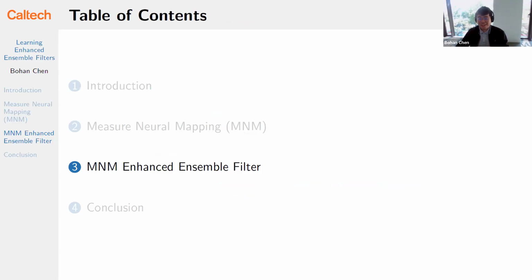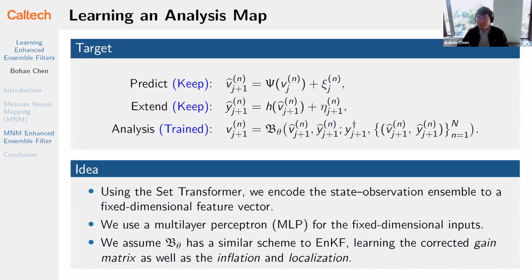Okay, next I want to introduce how we use this machine learning mapping to learn the ensemble filter. The idea is that we want to keep the predict and the extend steps the same as all those classic filters, and we want to train the analysis map with trainable parameters theta, where the input is a finite set of ensembles.